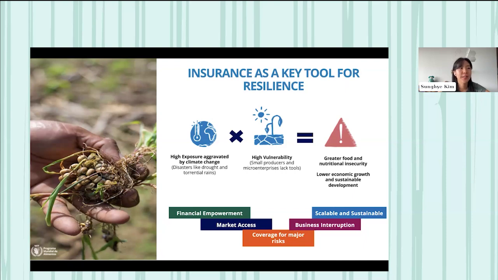Furthermore, to safeguard against business interruptions caused by climate events, pests, and other disruptions, we implement measures that ensure continuity. This protection helps maintain their income and livelihood stability. Finally, we focus on scalable and sustainable solutions to address the widespread and long-term challenges faced by smallholder farmers.